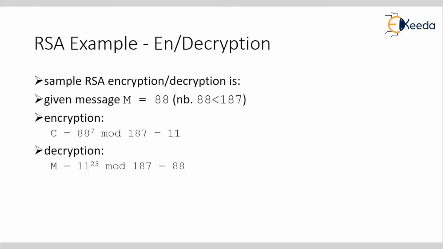The equation for ciphertext is c equals m to the power of e mod n, that is 88 to the power of 7 mod 187, which gives you the value 11. Similarly, for decryption, we have the formula m equals c to the power of d mod n, which gives you back your plain text, 88. Thus, the encryption and decryption part of the RSA algorithm is solved.